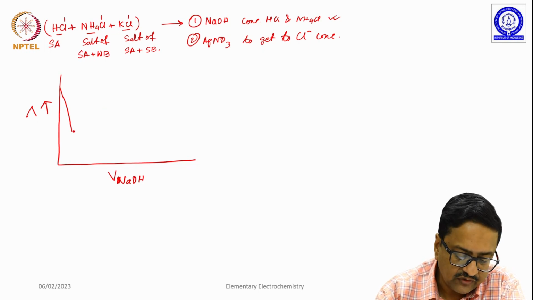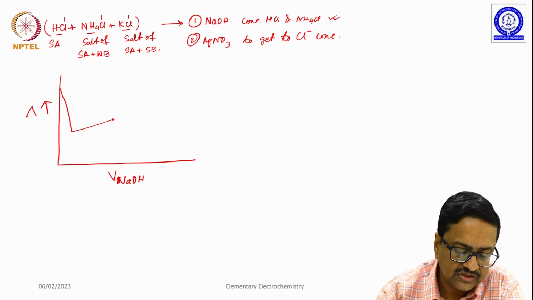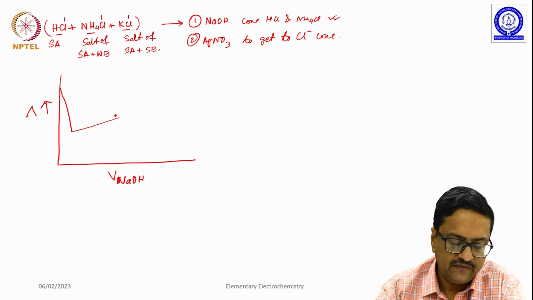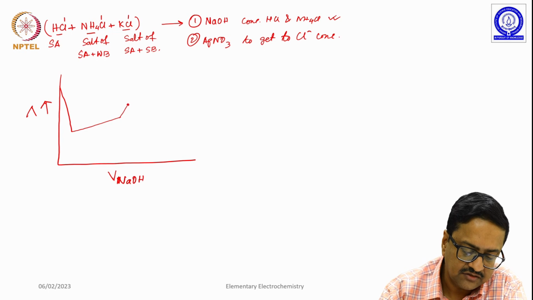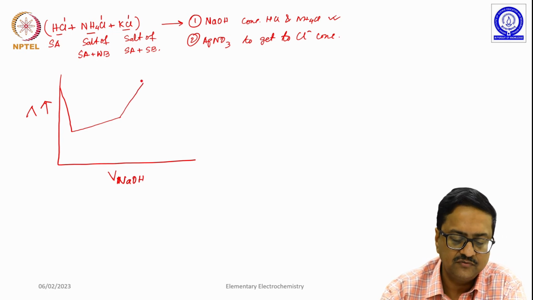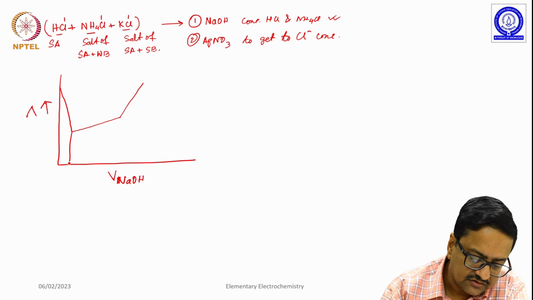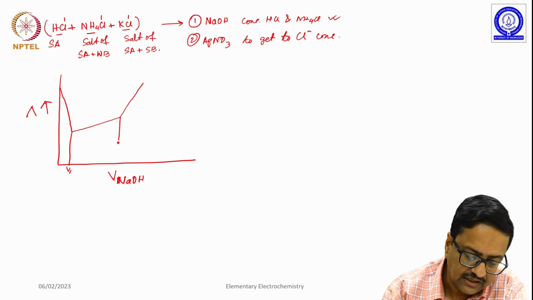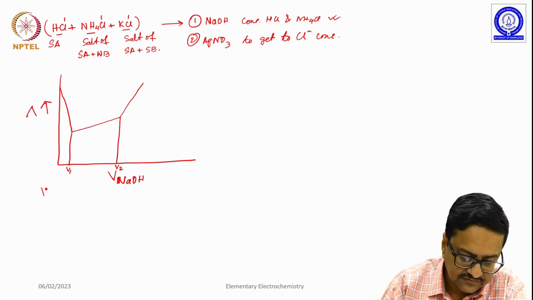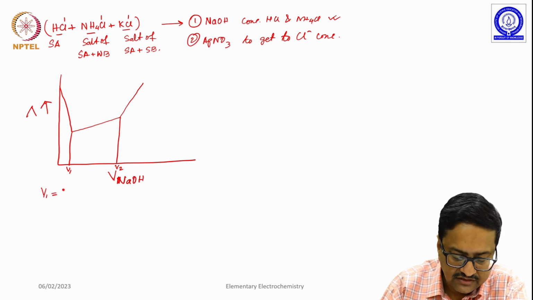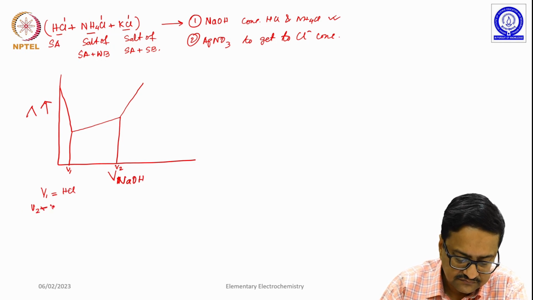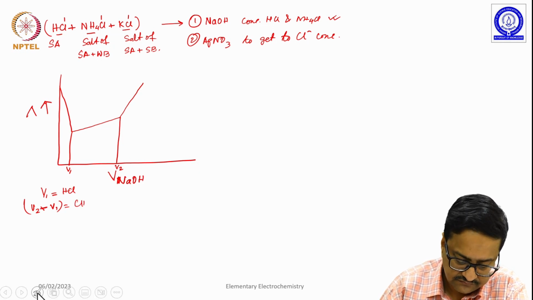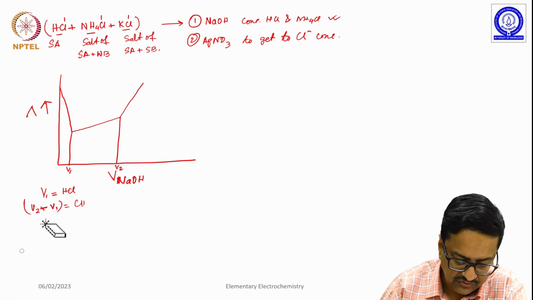So you are using NaOH, which will consume the HCl generated, and then the plot will go like this, and at some point after that is consumed, it will be like that. So this V1 and this V2 will be the two endpoints. V1 will indicate the endpoint for HCl, and V2 minus V1 will be the endpoint for ammonium chloride.